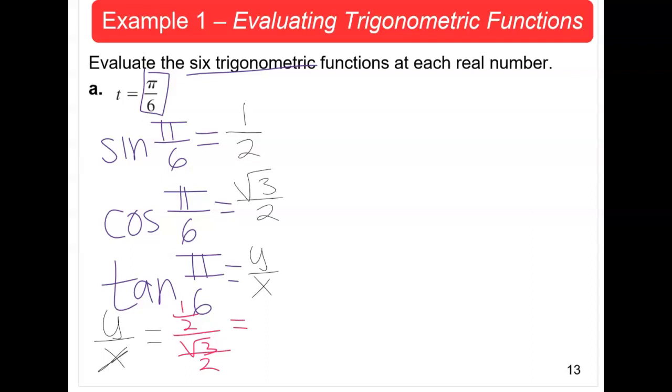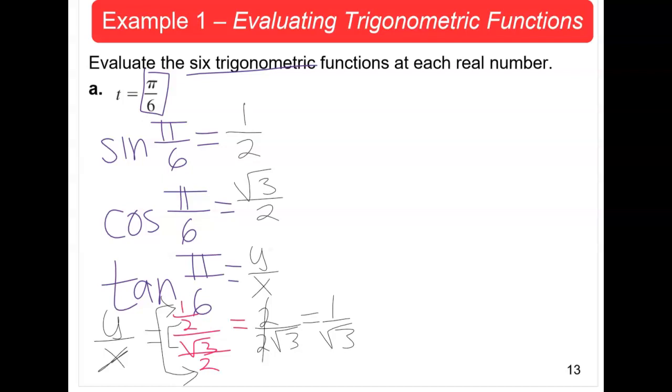So in this case, I can multiply the outer quantities. 1 times 2, that is 2, and then 2 times the square root of 3. After that, we could cross out the 2's. They cancel because 2 over 2 is equal to 1. So this turns into 1 over the square root of 3.